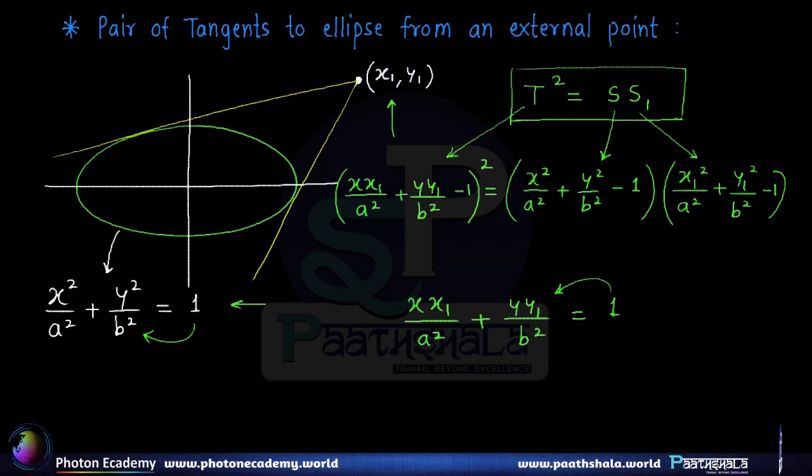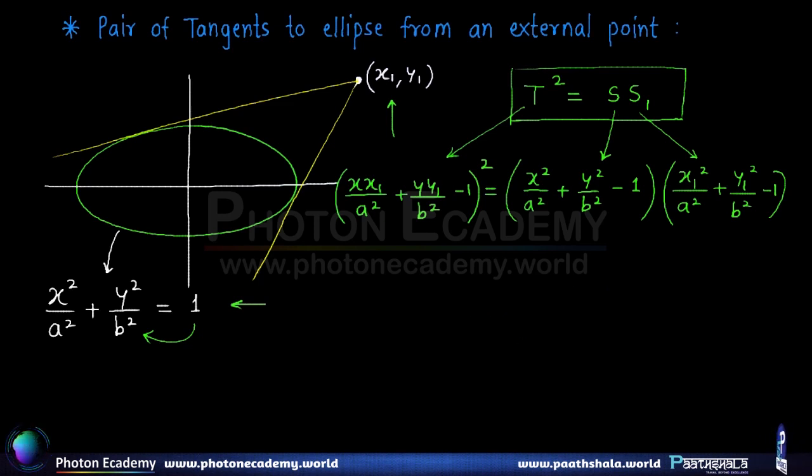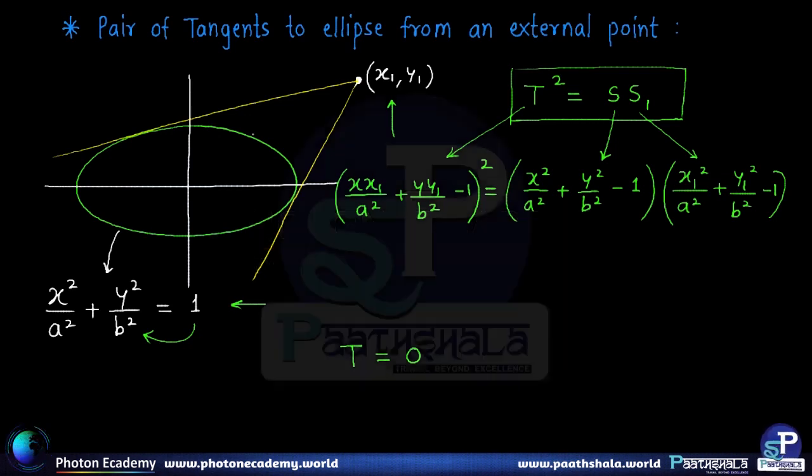Now a few important points must be carefully understood. In the case of the tangent, when we say that the equation was T = 0, the x1, y1 was the point on the ellipse where the tangent is drawn.